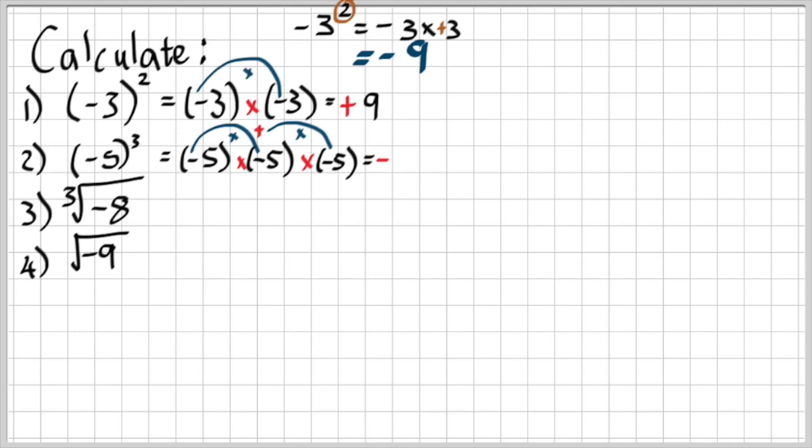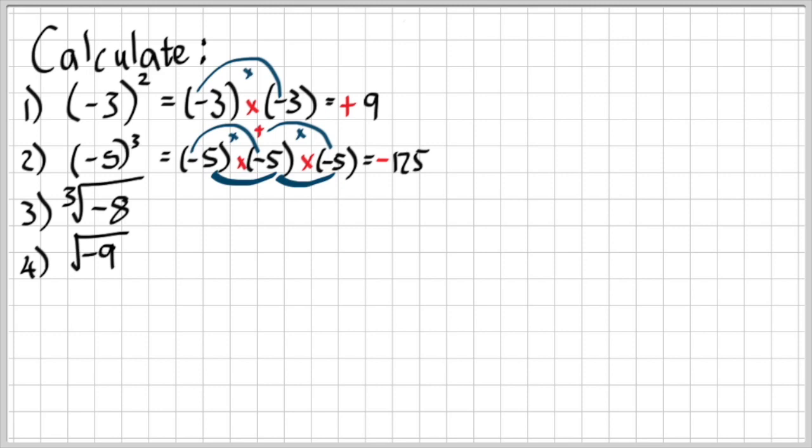If I take 5 times 5, 25 times by 5, 125. So the answer is negative 125. Interesting. Very, very interesting.